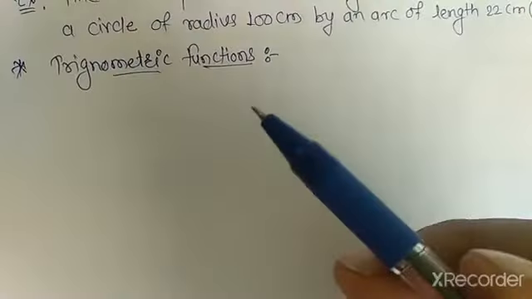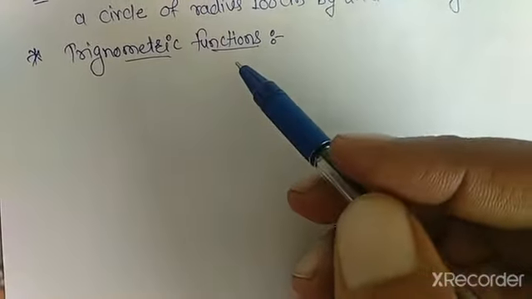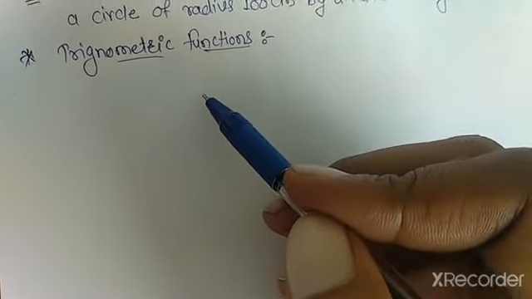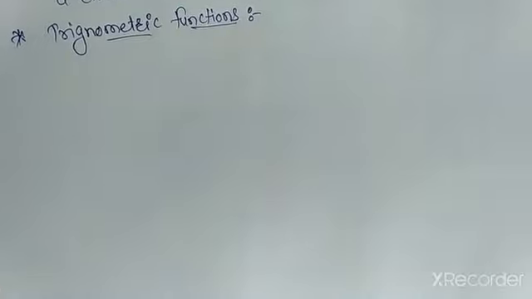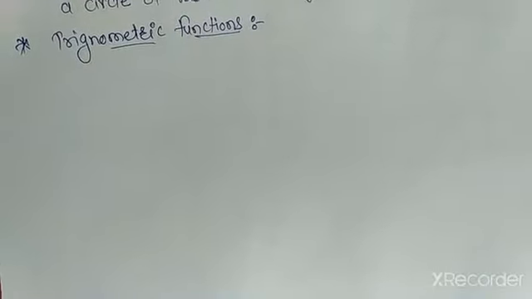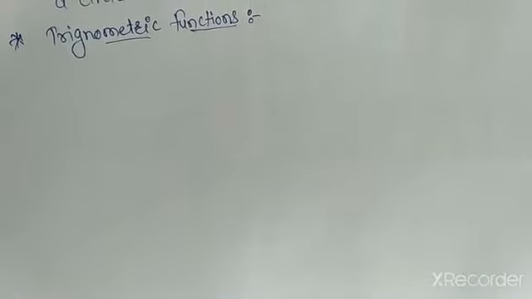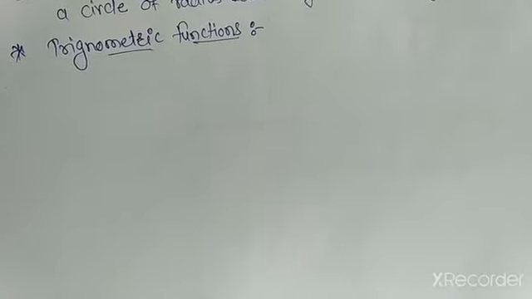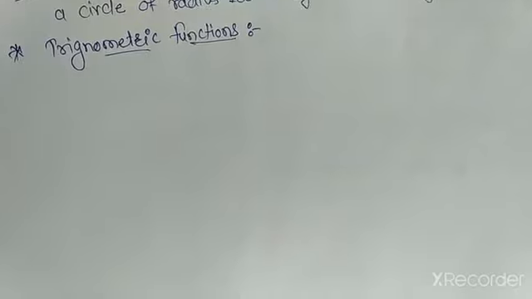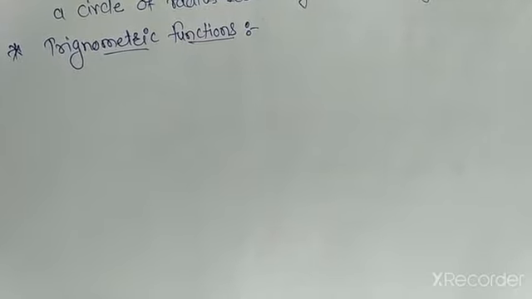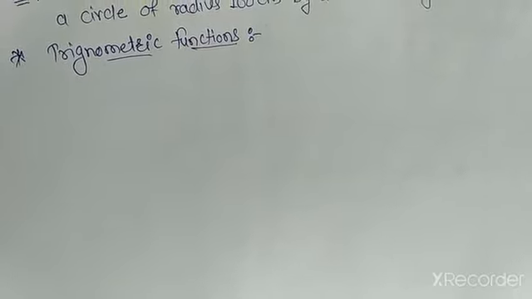Okay, now the next point is trigonometric functions. In previous classes we have studied trigonometric ratio for acute angles as the ratio of sides of right angle triangles. Now we will extend the definition of trigonometric ratios to any angle in terms of radian measure and study them as trigonometric functions.